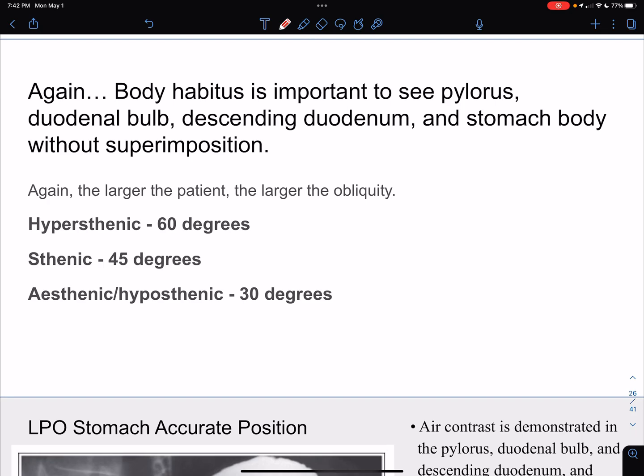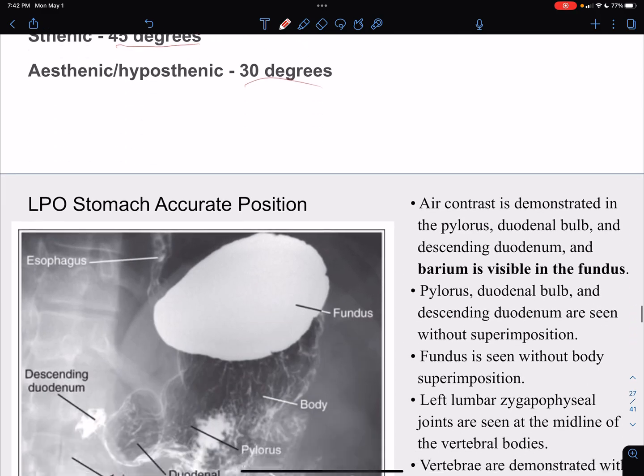So again, hypersthenic patient on the LPO. Now, I don't know why it says this for the LPO. It only says 60 degrees. If you remember, on the RAO, it said 70. I'm sure there's some kind of technicality behind that. Then the sthenic patient is the 45 degrees, and the hyposthenic is going to be 30 degrees.